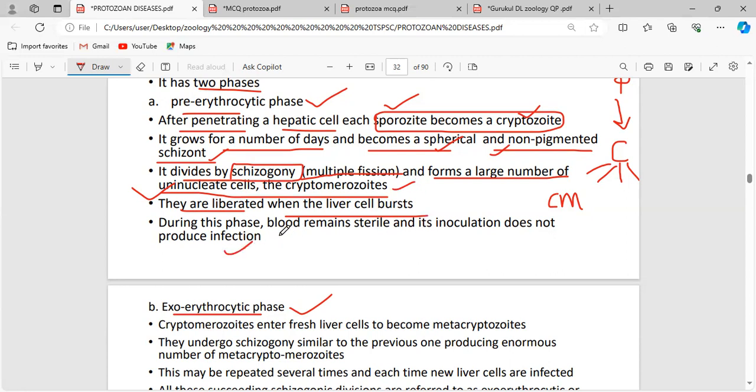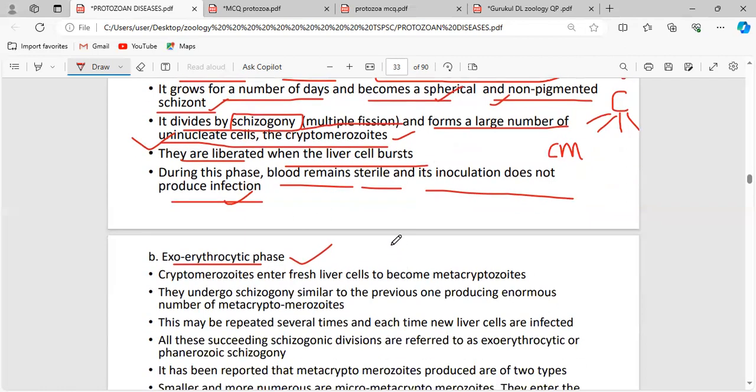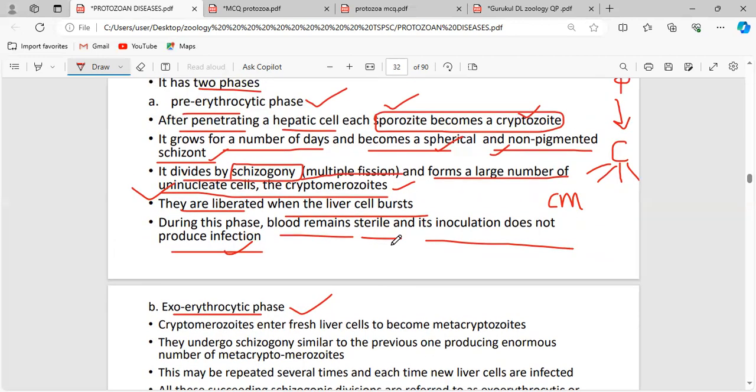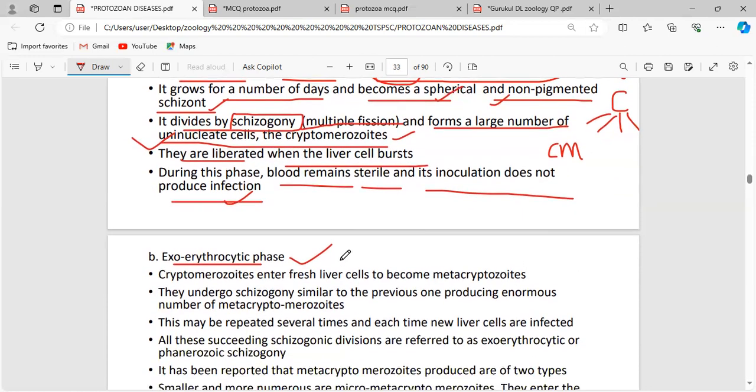In this phase, the blood remains sterile and its inoculation does not produce infection. The cryptomerozoites do not produce any type of infection. That is why we say the sporozoite is the only thing that causes the infection. Clear? The blood remains sterile and its inoculation does not produce infection.